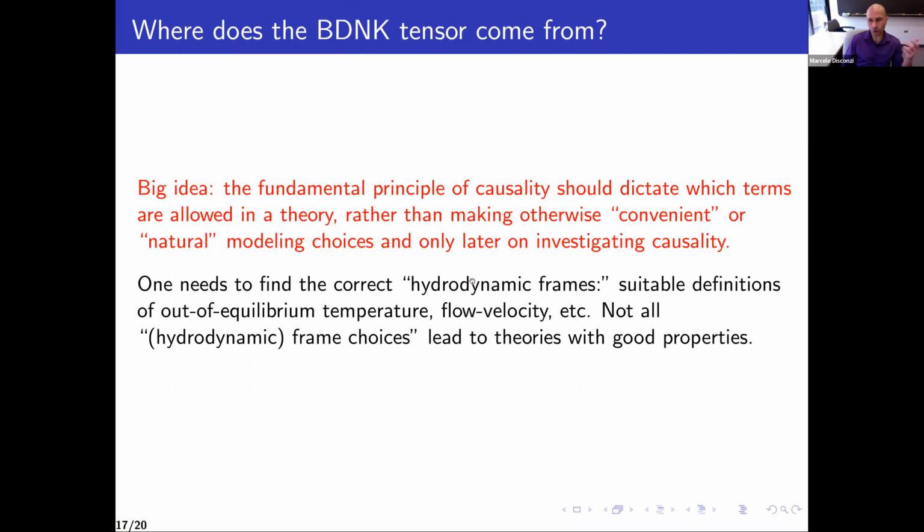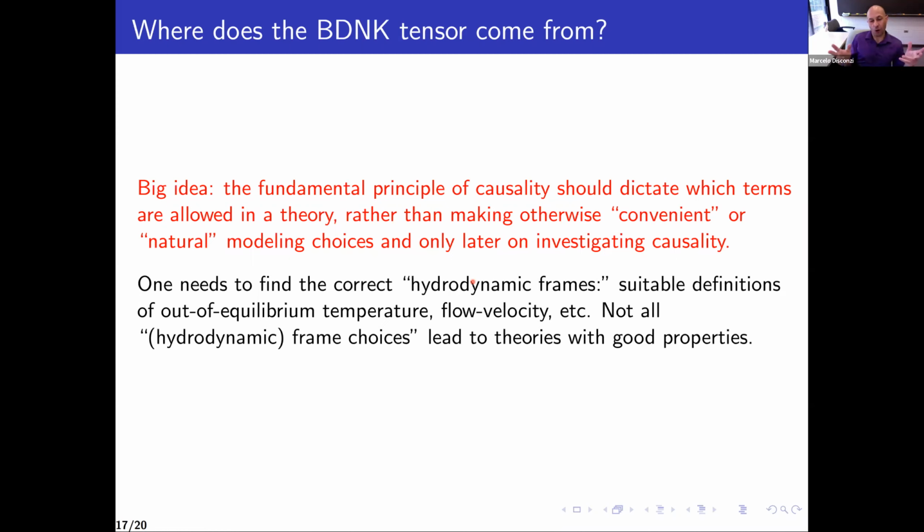Now this is a bit philosophical; how we do that in practice is a long story. I can tell you more about it during the Q&A, but essentially we need to find the correct hydrodynamic frames for this theory, okay? The story here is that when you're writing a fluid theory that's out of equilibrium, there is a certain ambiguity in the definition of what you mean by temperature, density, and so on. There is not a unique definition for these quantities out of equilibrium.